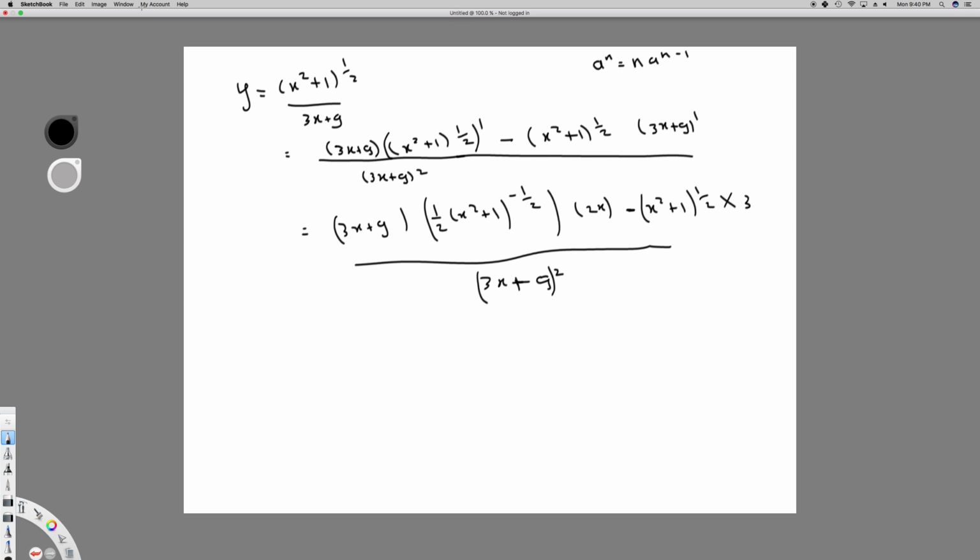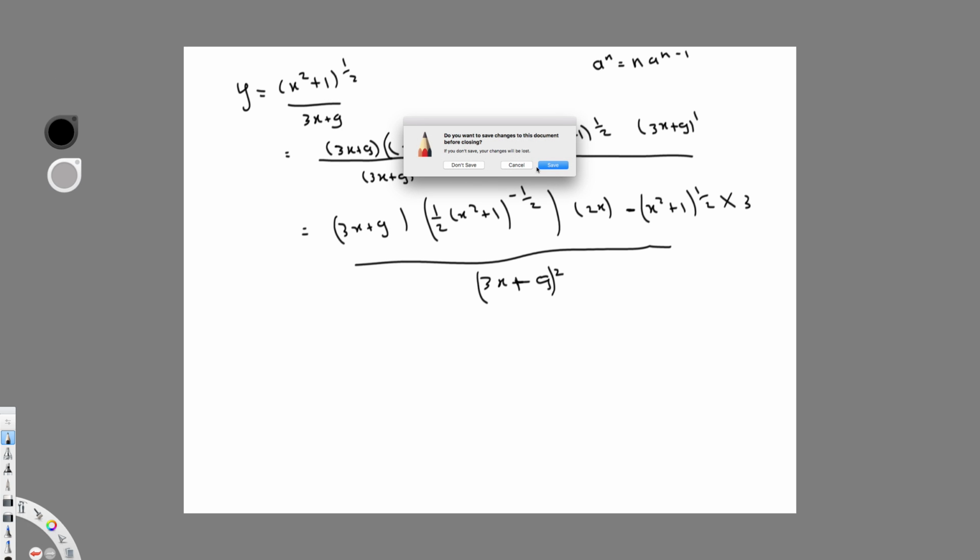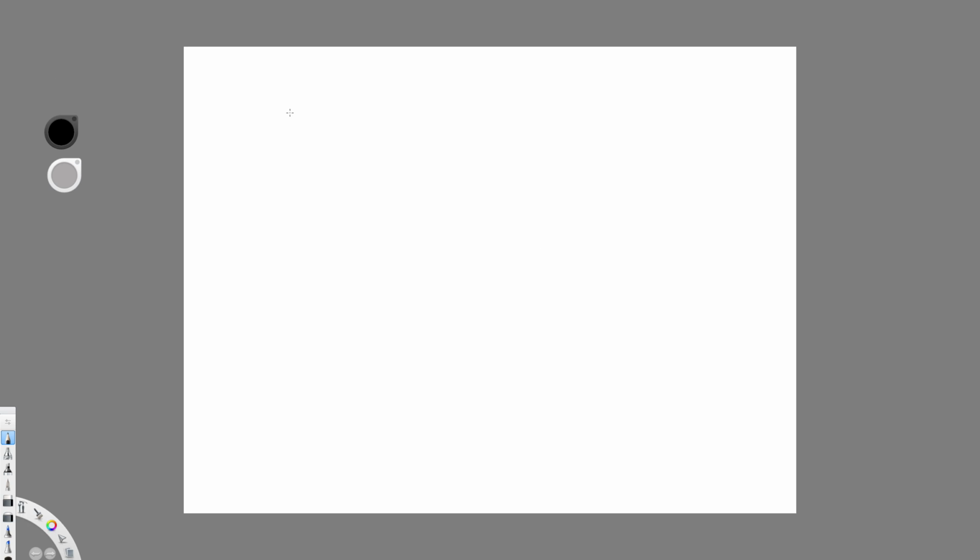And let's do one more question. Okay, so for example, y is equal to sine of e to the power of 2x over x square minus 1.